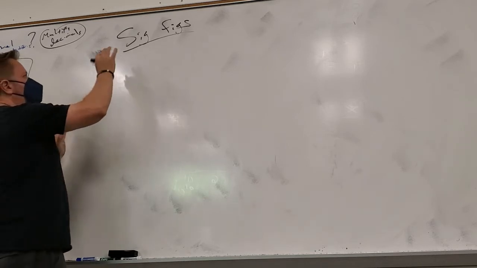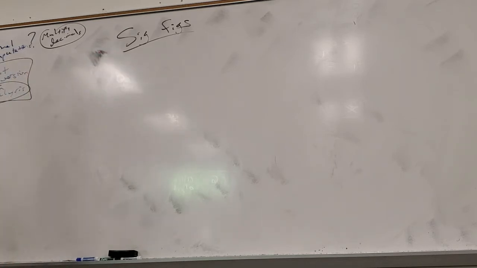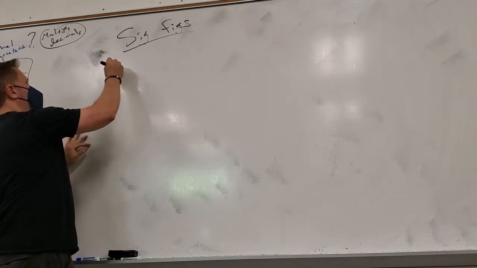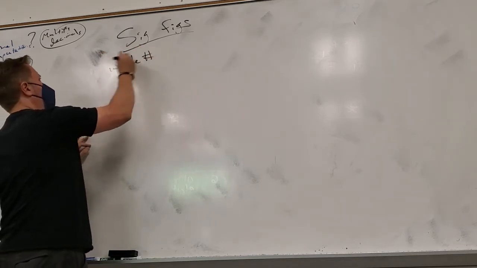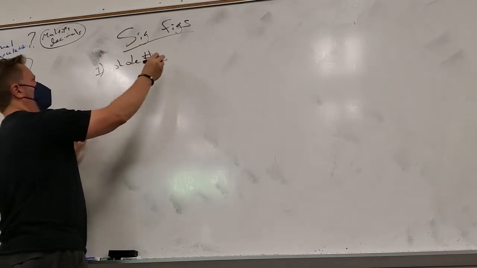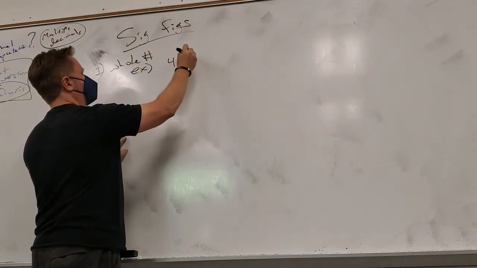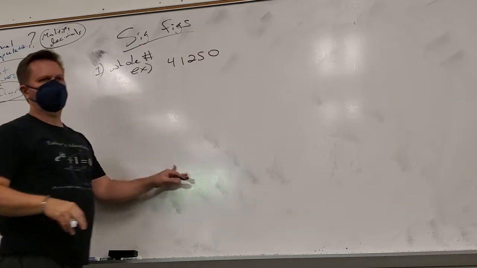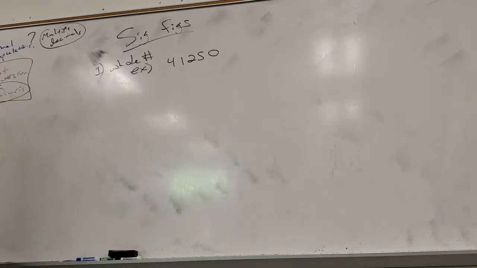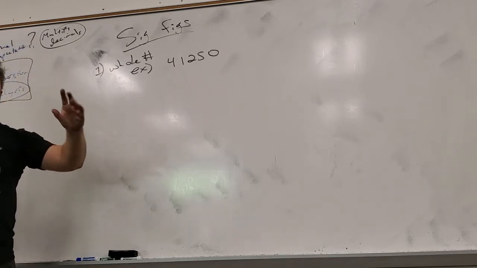There are only two situations. It's either a whole number or it's a decimal number. If it's a whole number, the number of Sig Figs: you start at the first non-zero and you stop at the last non-zero.